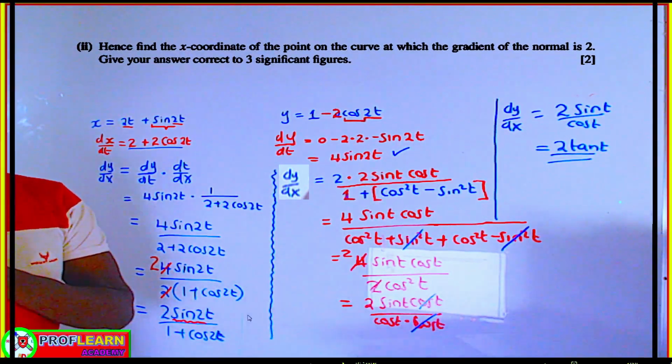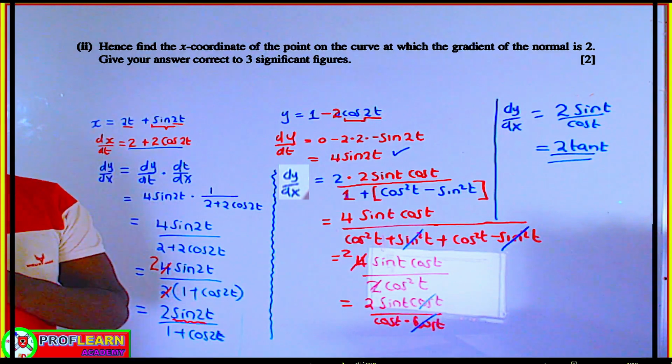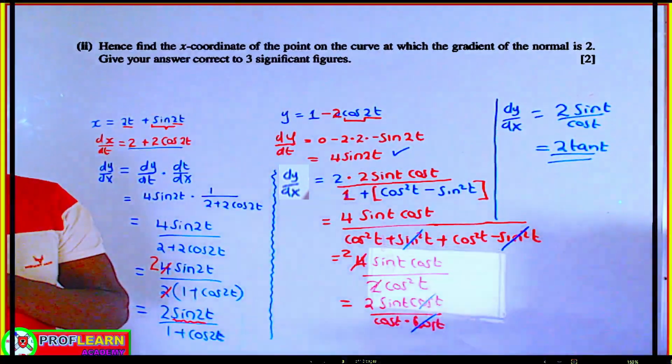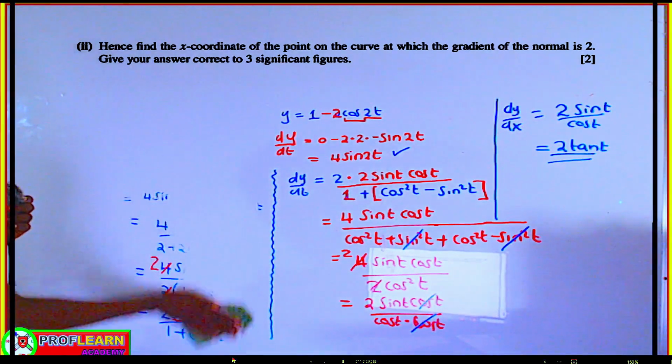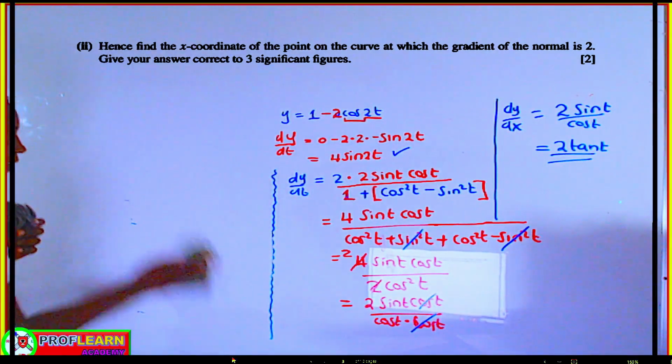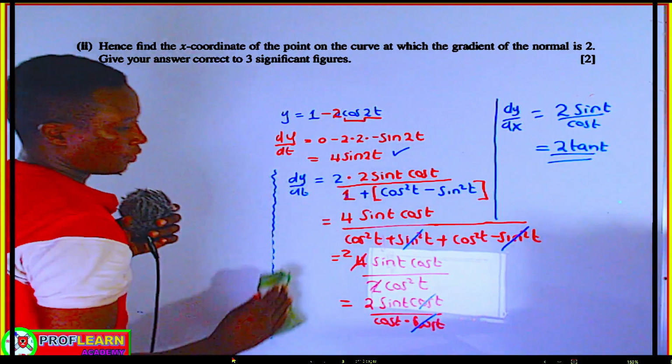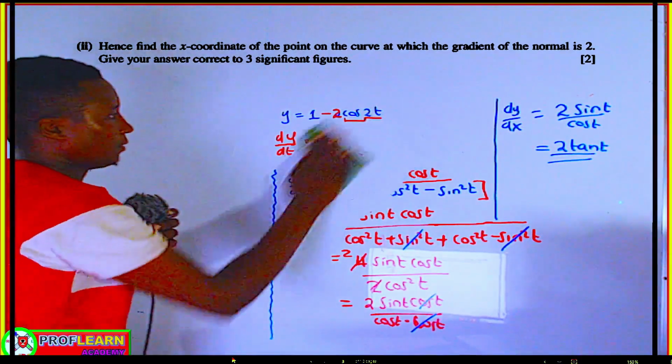So remember, in this question we have already obtained the derivative, or the gradient function, and then we are going to use that in order to work out the x coordinate. So let me just erase this so that we're able to move to part B.